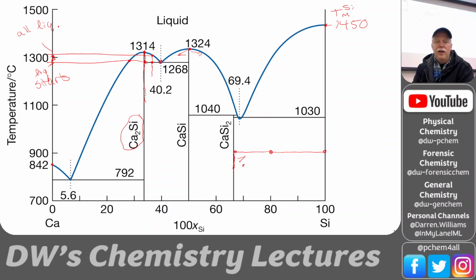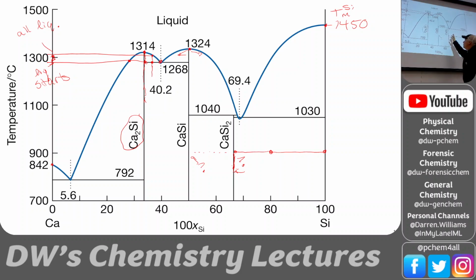How do we know it's actually this line and not this one over here? We need to make a decision, right? Because if this compound doesn't have a pure melting point, that line may not be there. It may not actually exist as CaSi2. We may have an equilibrium between pure silicon and the CaSi, the one-to-one compound, which does have a melting point.